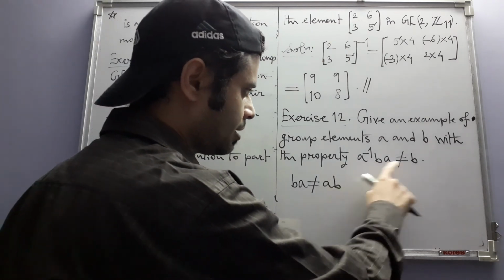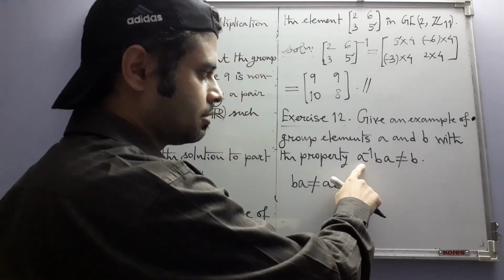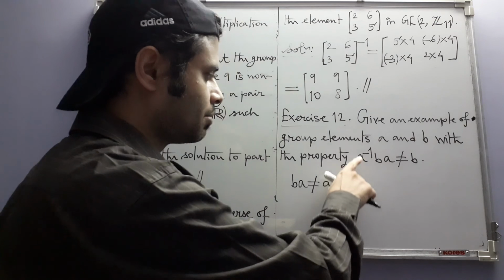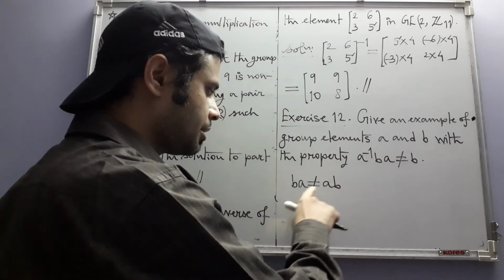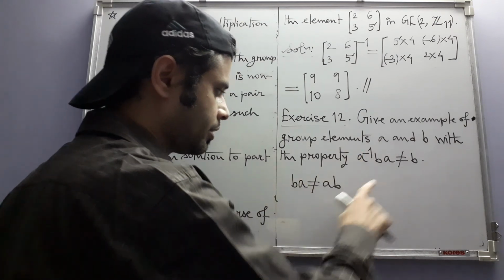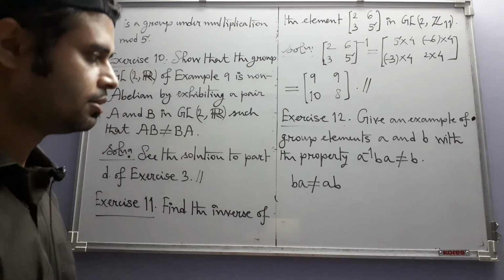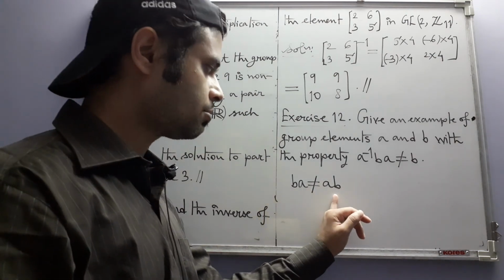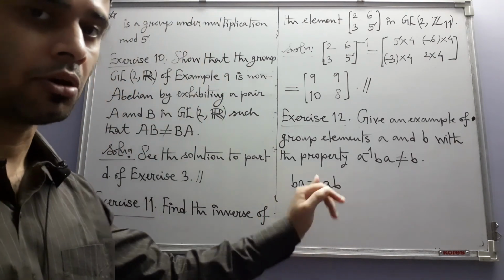So if you multiply both sides of this equation from the left by A, on the left hand side you will have BA, on the right hand side you will have AB. Now why would those two products be not equal?